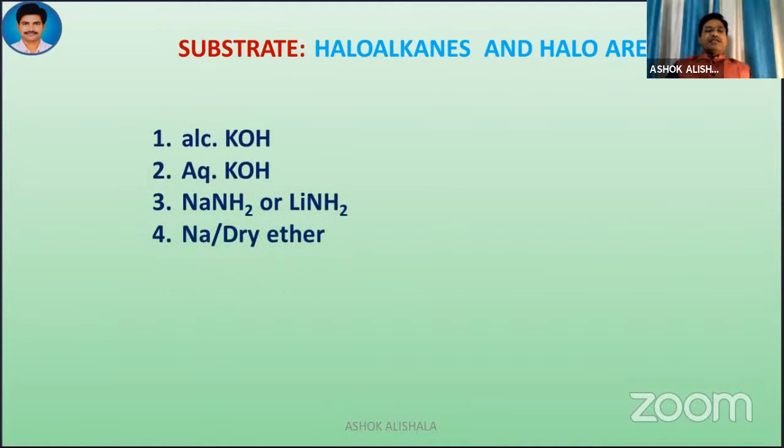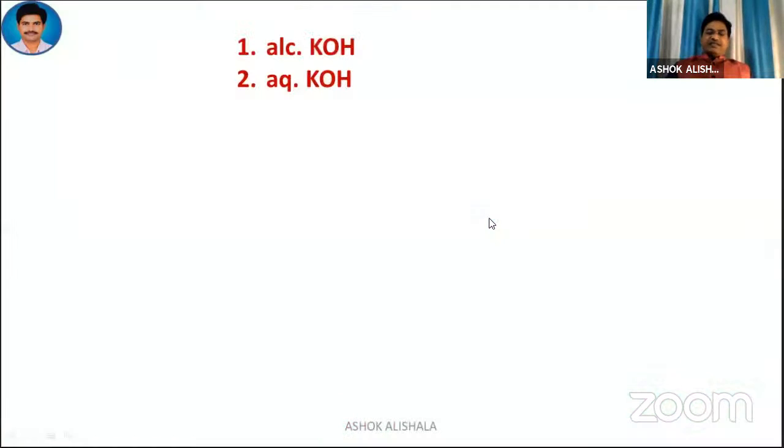These are the four different reagents we mainly employ for the conversion. One is alcoholic KOH, another is aqueous KOH, one more is sodamide or lithium amide, another is sodium in presence of dry ether. Let us take this: alcoholic KOH or aqueous KOH.